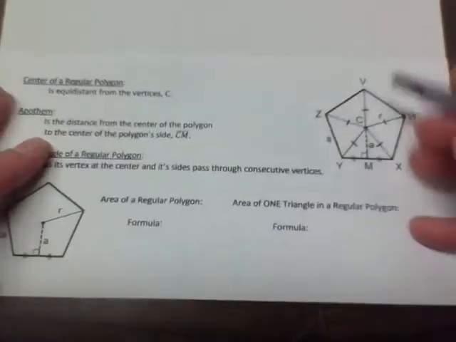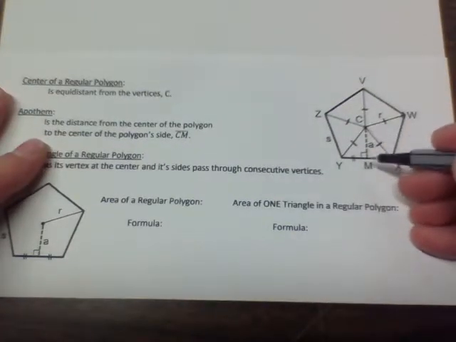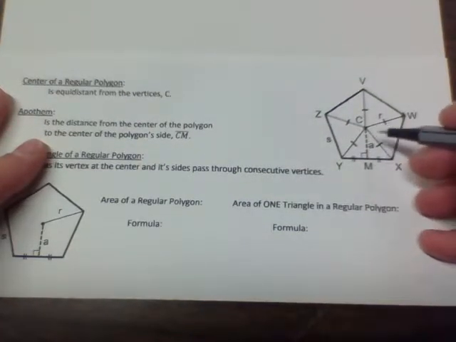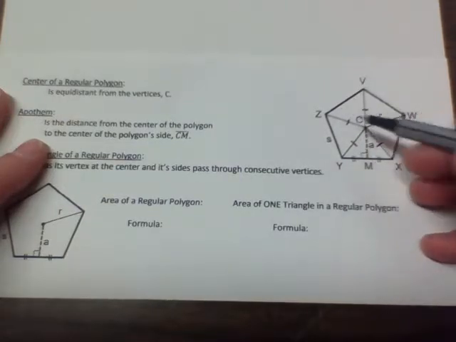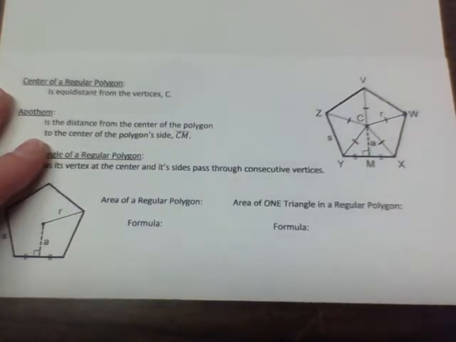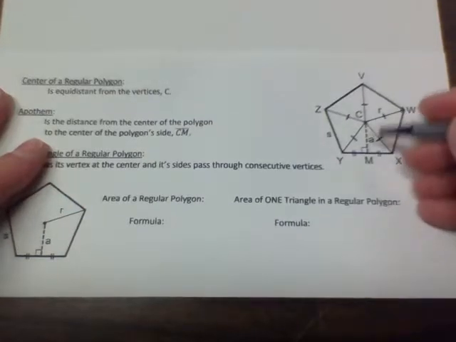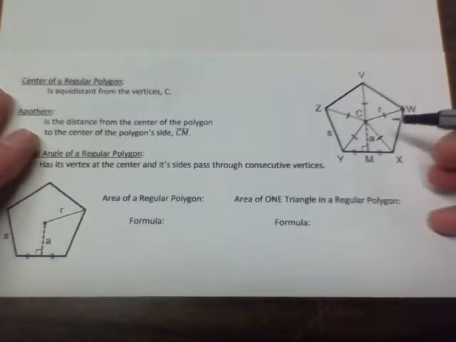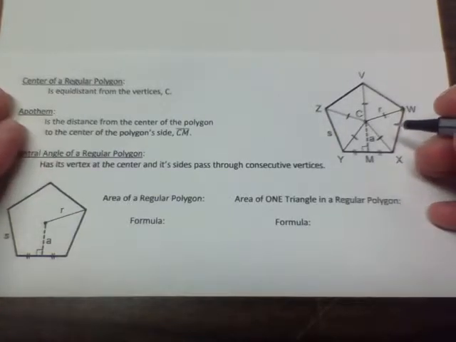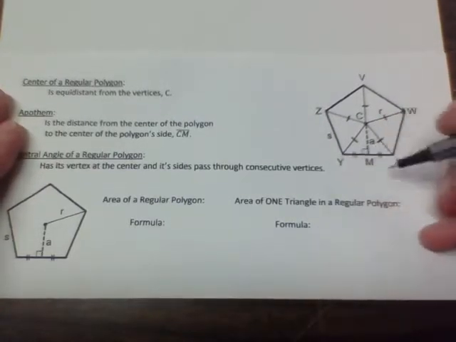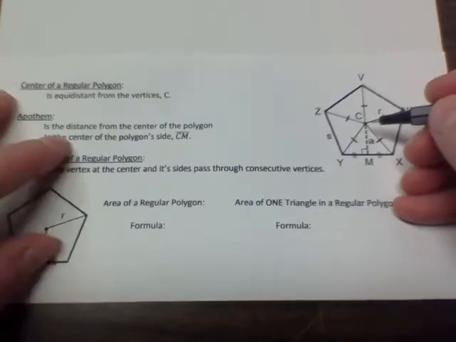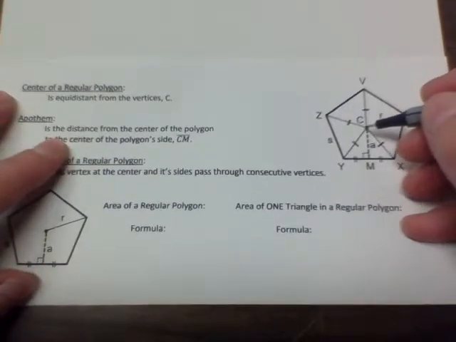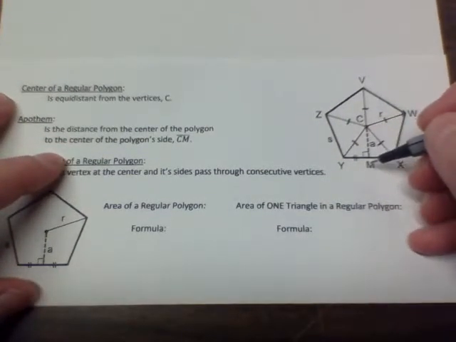The apothem, and yes, that's what it's called. So your apothem here is the height of each of these triangles. So if you draw every radius in a regular polygon, the height of each of those triangles that you've just made, which are isosceles, but could also be equilateral, not in this case, it's the distance from the center of the polygon to the center of the polygon side.